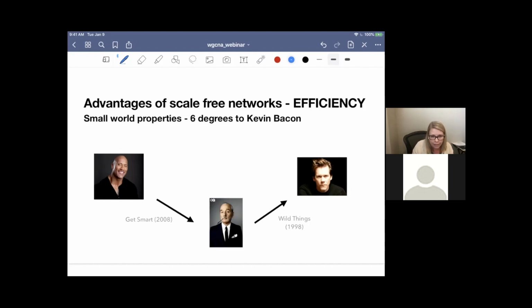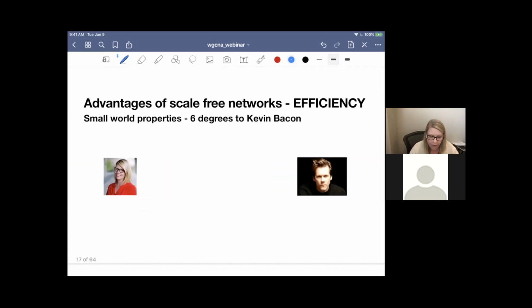So in this case, my example is Bill Murray. So they were both in movies with Bill Murray. So they were only 2 degrees away from Kevin Bacon. And it's just a description of how close-knit we are and how efficient it is to get from one point to another point in a scale-free network.